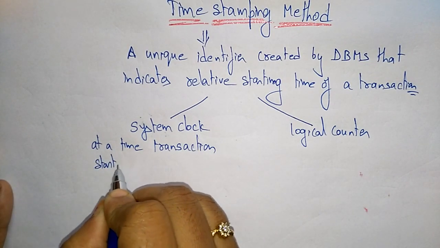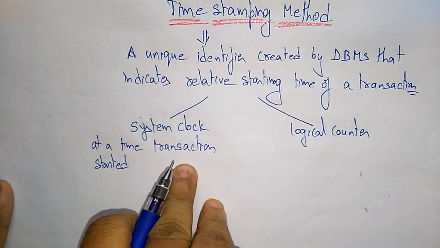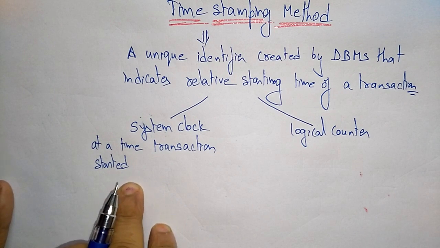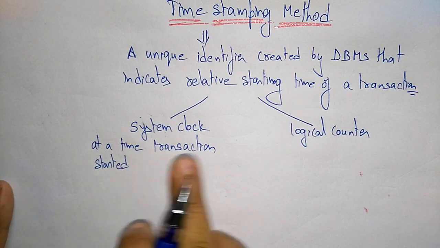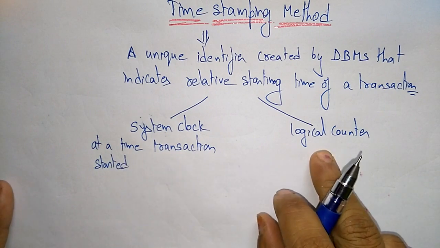So whenever the transaction is started, with the help of the system clock it notes the time at which the transaction is started. So the time stamping method can be generated with the help of the system clock or logical counters.